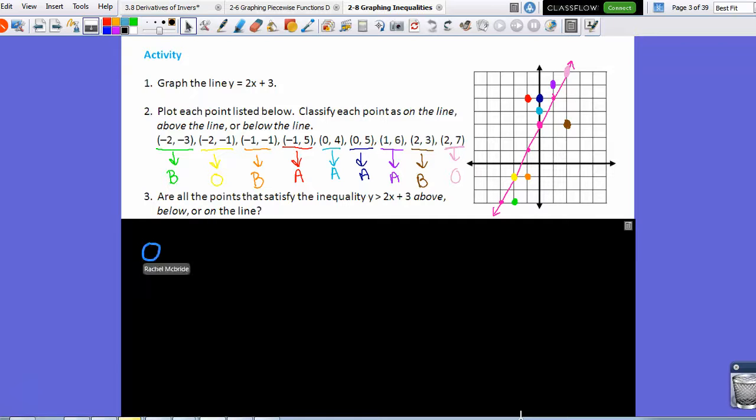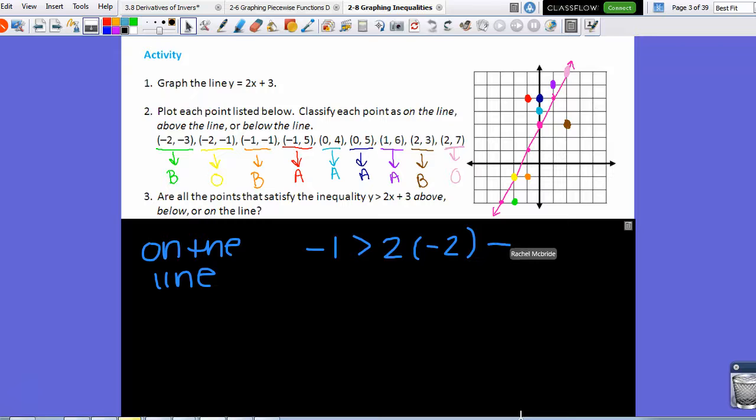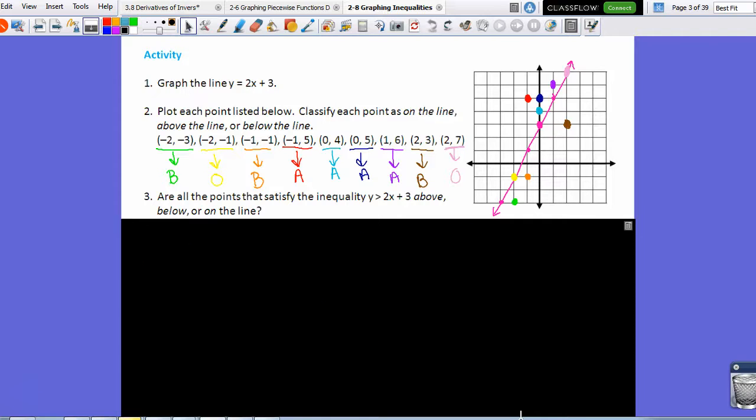You could pick an on the line point. If you pick a point on the line, you get -1 is greater than -1. Is -1 greater than -1? No. So on the line does not make the inequality true.